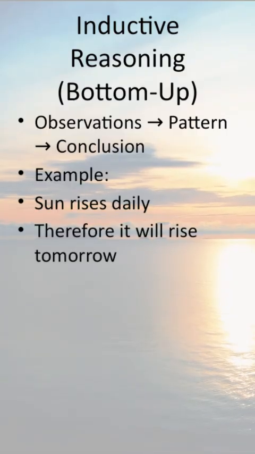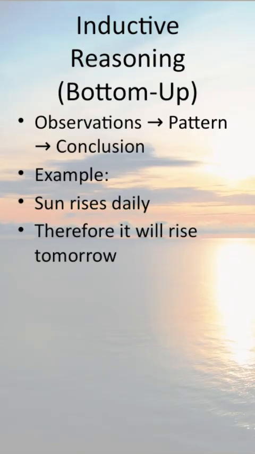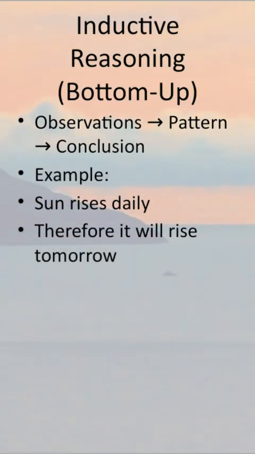This pattern then helps us make conclusions about future events, even if we haven't directly observed them yet. It's a powerful way to understand the world around us by moving from what we see to what we can expect. Throughout this presentation, we'll see how this method underpins many of our everyday decisions and scientific discoveries.